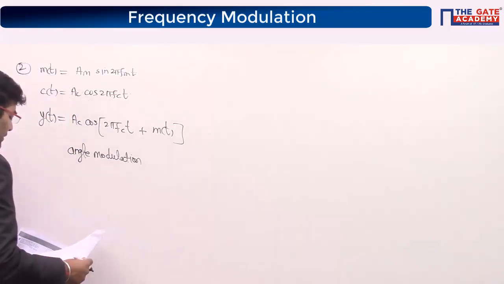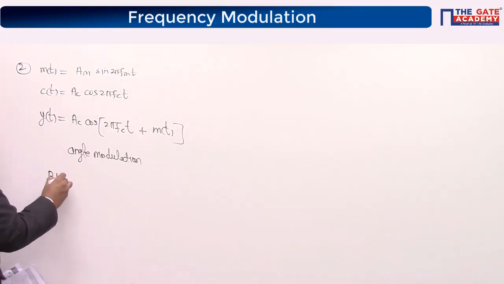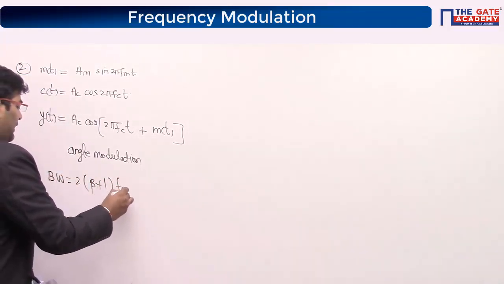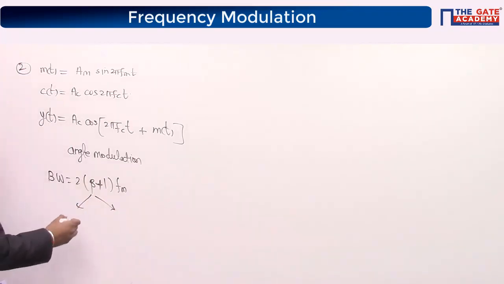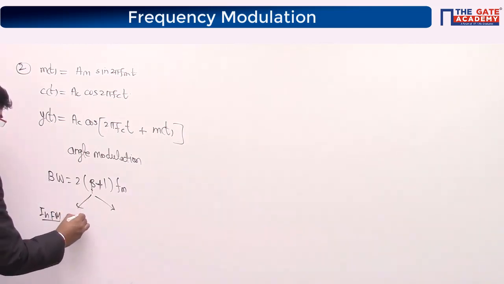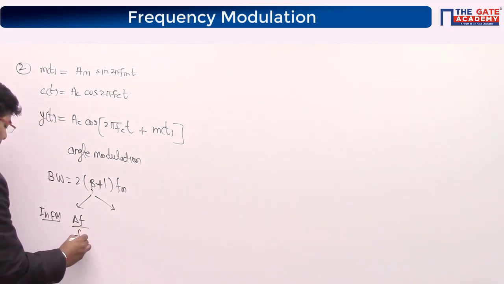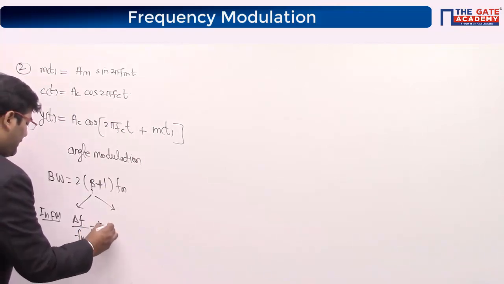You know the formula for bandwidth: it is twice beta plus 1 FM. Now this beta can be 2 different things. Beta in FM is delta F by FM, and delta F is Kf AM.